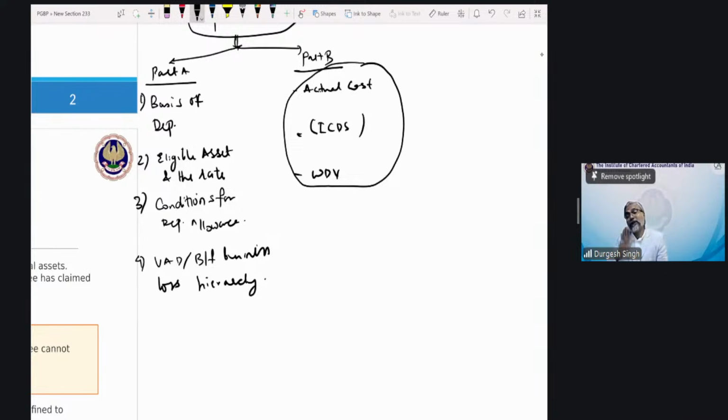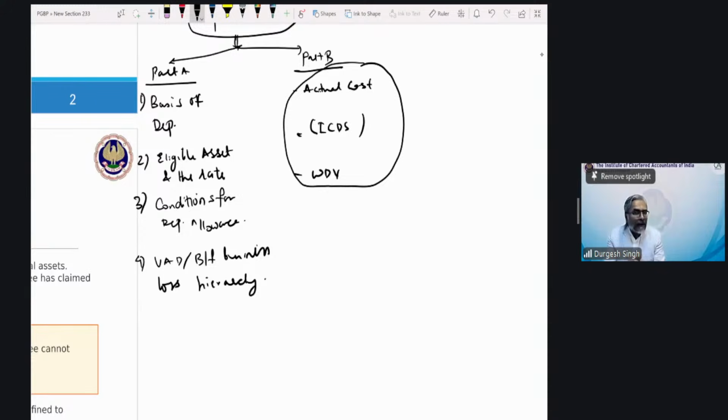What about the subsequent period? In the subsequent period, do you still go with the single asset use test? Once the asset is already part of the block, do you then go with the single asset use test? Answer is no. At that point of time, the single asset use test will hold no relevance. Then what do we have to see? We have to see whether the block as a whole is in use.